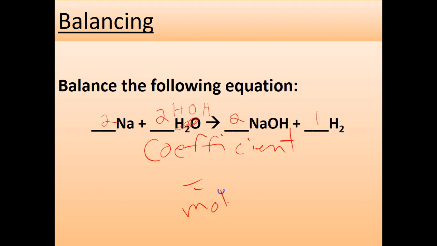They're going to be the same thing. What this equation is saying is if you need 2 moles of sodium, you're going to require 2 moles of water. And that can make 2 moles of sodium hydroxide, and it can make 1 mole of hydrogen.